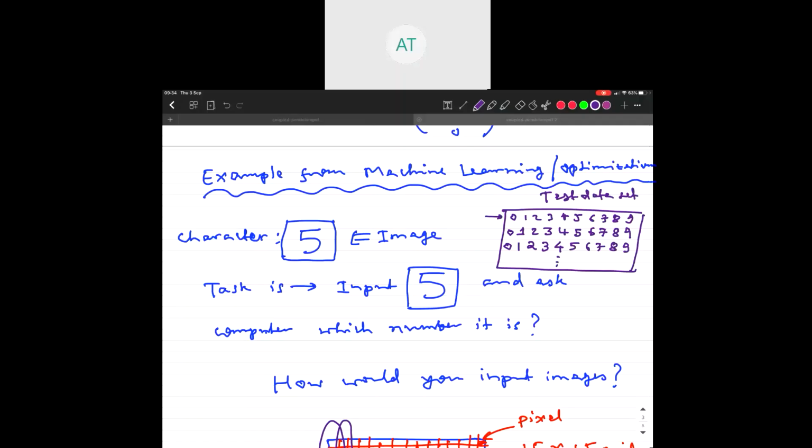So where this is one set of 0 to 9, you train your algorithm to identify 0 to 9 out of this set, and similarly you can give, sorry, this should be called the training data.